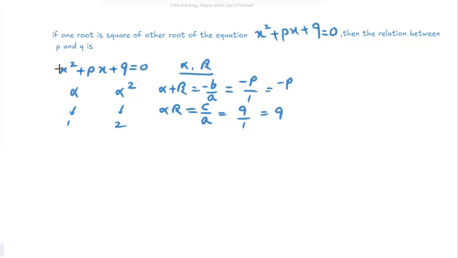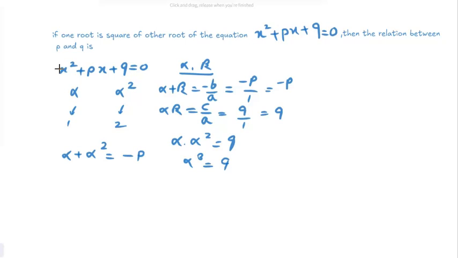According to the first, alpha plus alpha square equals minus p. Now we want the relation between p and q, which is very important. From this we get alpha into alpha square equals q, or you can say alpha cube equals q.